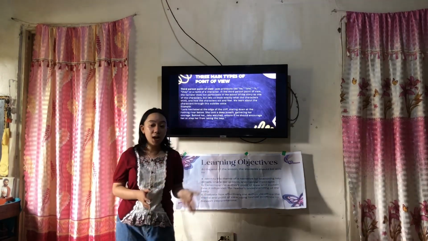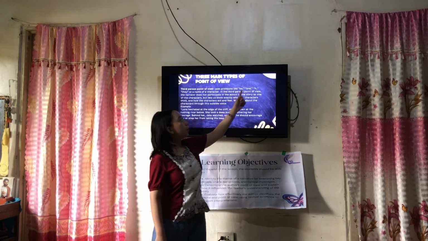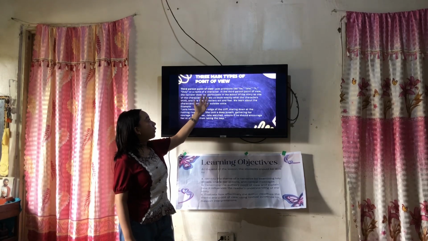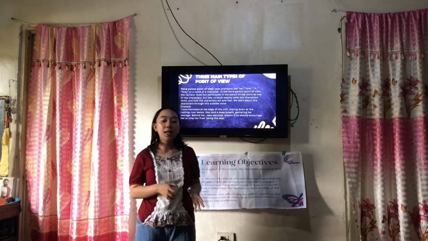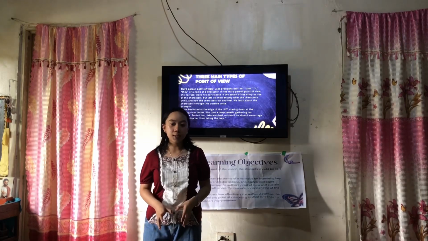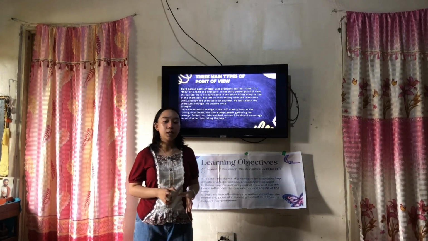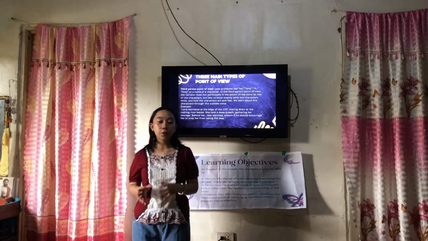Instead of using I or you, the narrator uses he, she, it, they, or the name of a character. So the narrator is like an observer who tells us what is happening and what the characters are thinking and feeling. However, the narrator does not take part in the story.